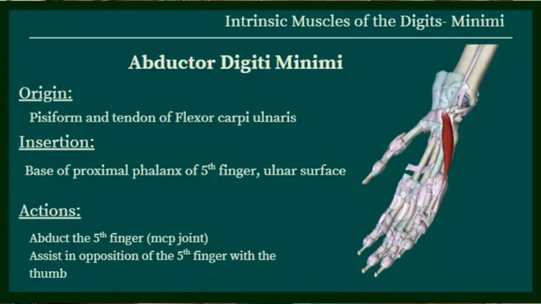It attaches in this area. That's where it starts. It comes up to the proximal phalanx, and it's on the ulnar surface, on the outside, the lateral side, right? So it comes here and goes up to there and helps you to be able to move your finger outward. Abduction of the fifth finger, and it assists with that as well. It needs both because it needs to be able to bring the finger inward like that.